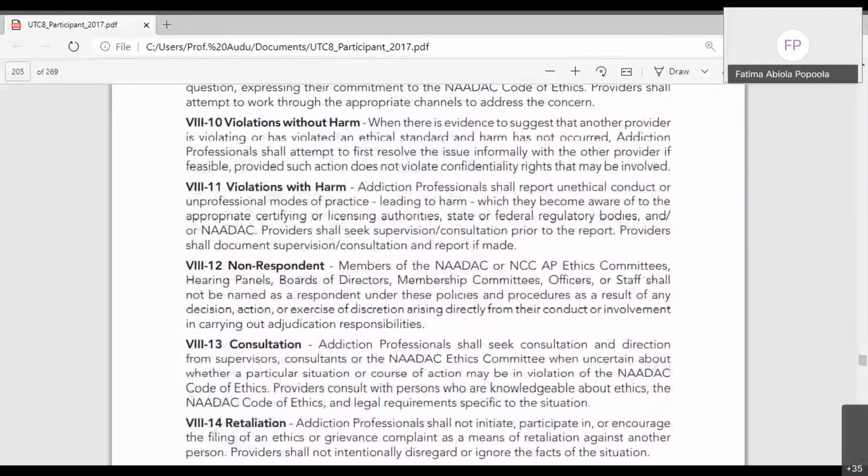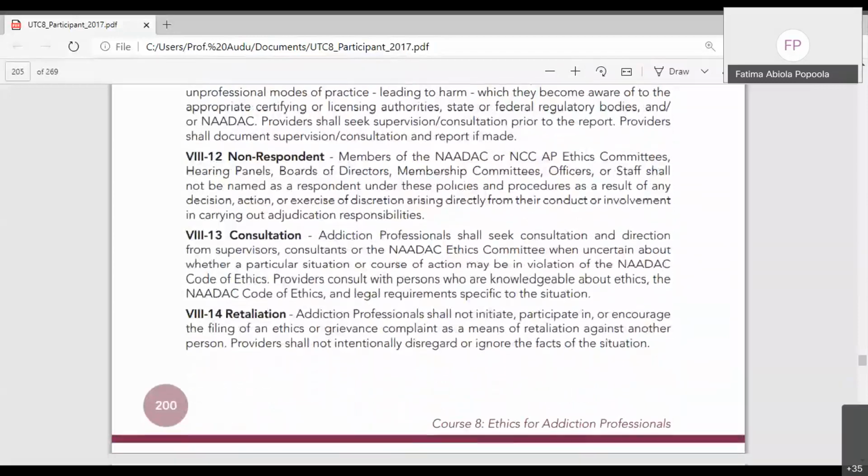12. Non-respondents. Members of NADAC or NCCAP Ethics Committee, hearing panels, board of directors, membership committees, officers, or staff shall not be named as a respondent under these policies and procedures as a result of any decision, action, or exercise of discretion arising directly from their conduct or involvement in carrying out adjudication responsibilities. 13. Consultation.